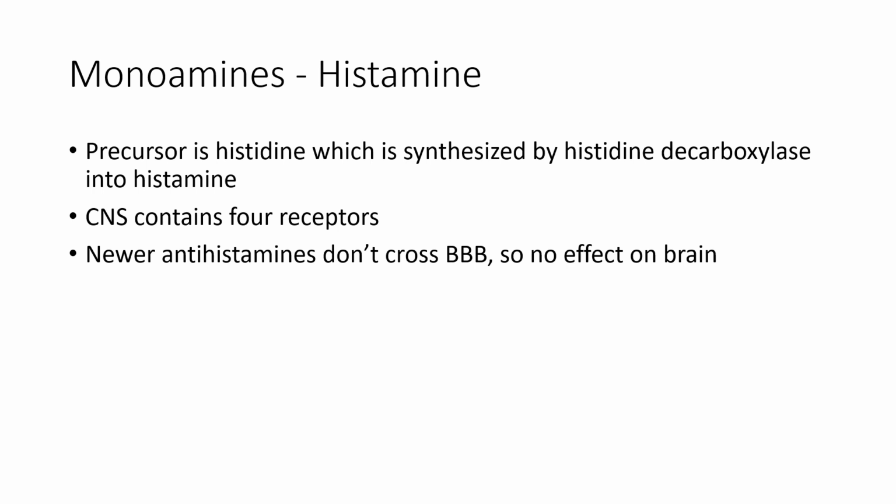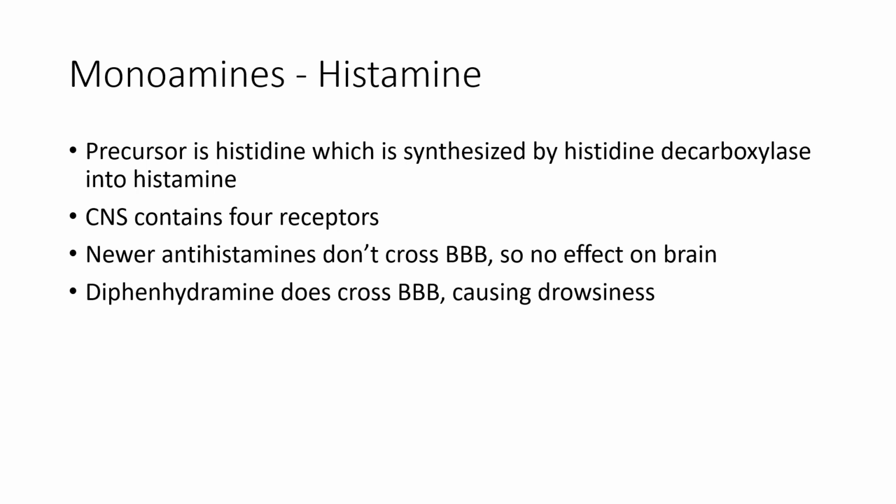Interestingly, some antihistamine drugs don't cross the blood-brain barrier, so they have no effect on the brain. More specifically, they don't make you drowsy. However, a fair number of them do contain diphenhydramine, and Benadryl is a good example again. Benadryl contains diphenhydramine. Diphenhydramine does cross the blood-brain barrier, so it does go into your brain and can cause drowsiness.